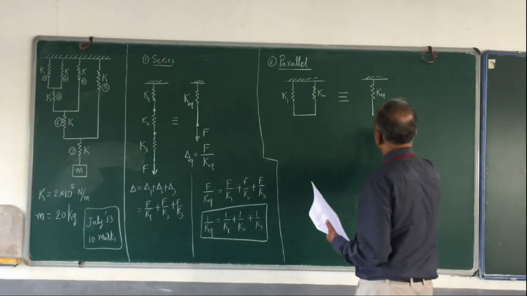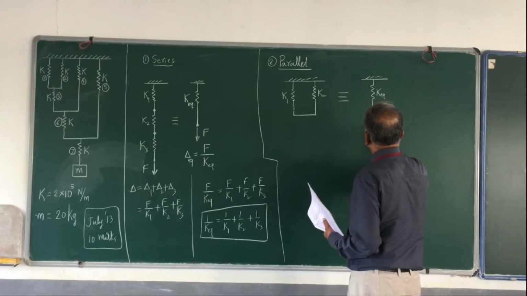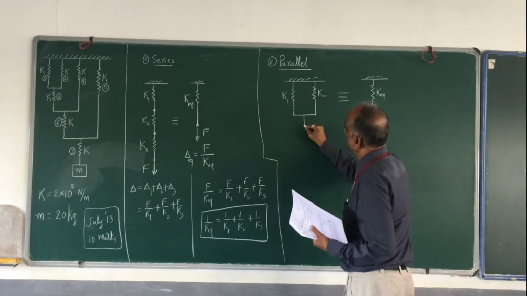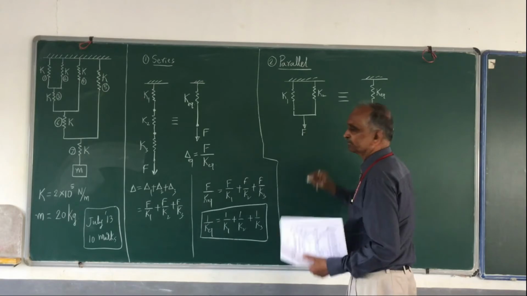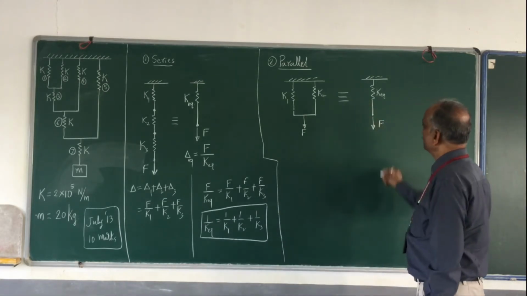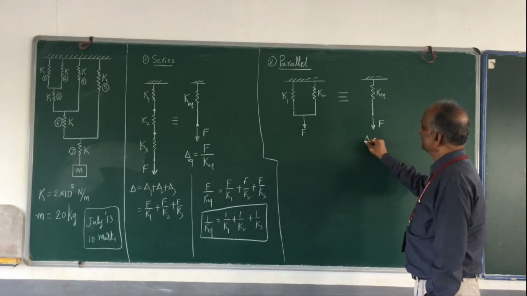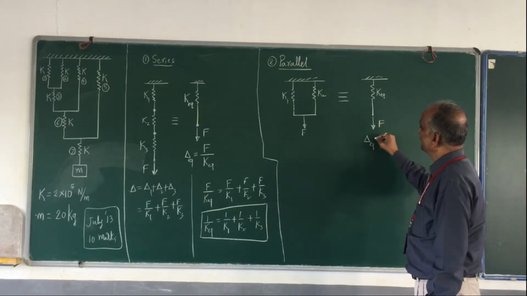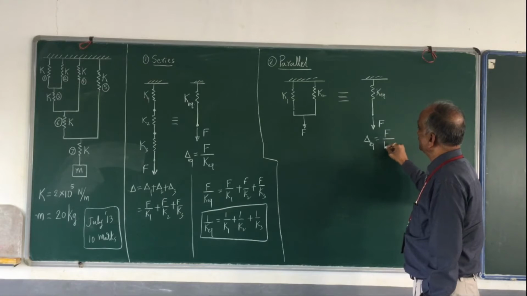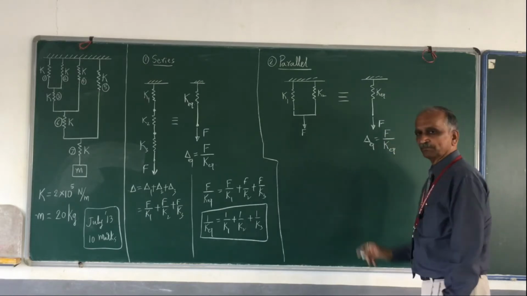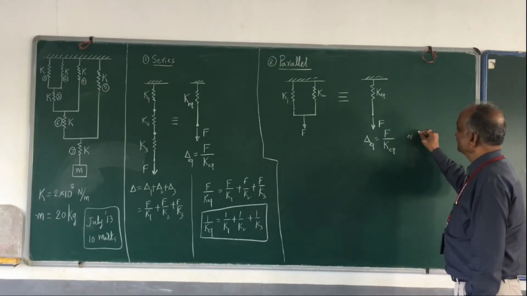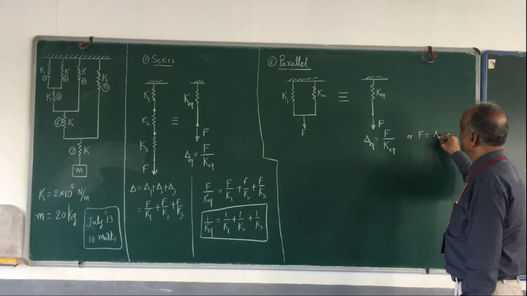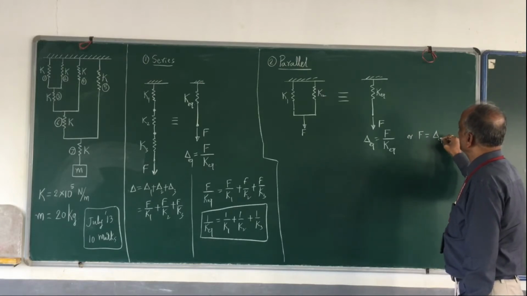Similarly here, I apply a force F, and here also I apply a force F. So when I apply a force F, what is the equivalent delta? Delta equivalent is equal to F divided by K equivalent, or in other words, F is equal to delta equivalent multiplied by K equivalent.